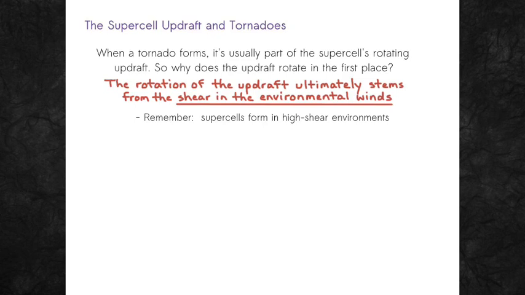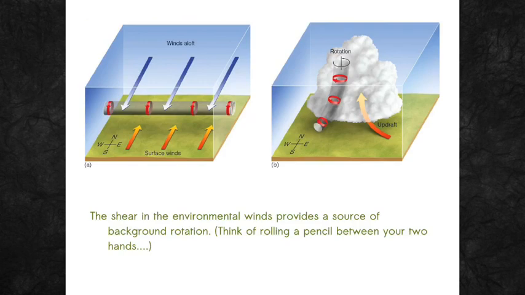Remember, wind shear was the change in the winds between the ground and upper levels. And so it's going to be that change in the winds that's actually going to end up producing the rotation of the supercell. Now, keep in mind that supercells tend to form in high shear environments, right? So environments that have a lot of shear are the ones that are going to produce these rotating updrafts. And basically the way this works looks something like this schematic here.